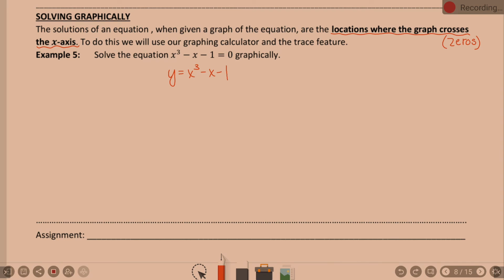When we graphed it, we got some equation that did something like that, right? And we're looking for that point right there. Okay? We're looking for that point right there, which turned out to be x equals, I'm going to give 2 decimal places, so 1.32.